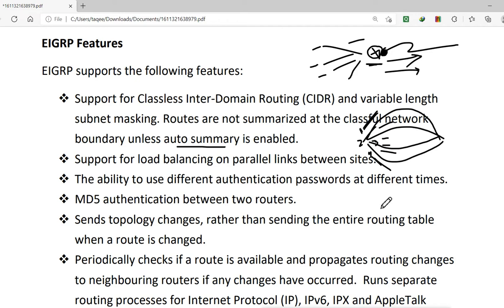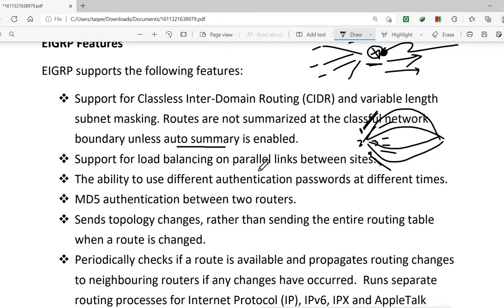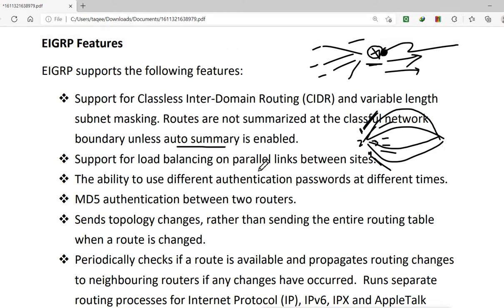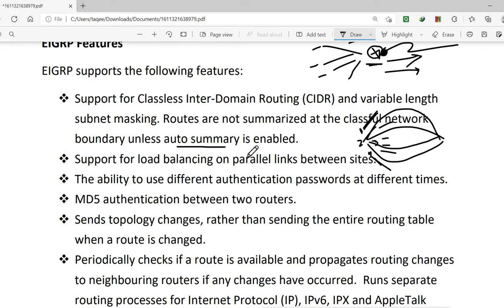But EIGRP actually supports non-parallel links also. That means if the links are not equal, we can still do the load balancing. That is the difference between EIGRP and the other protocols like RIP and OSPF.